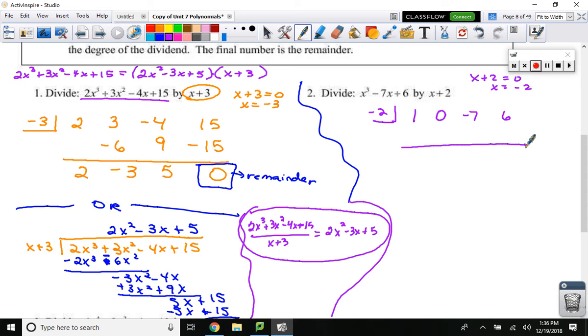Now what's the first thing I need to do? There's nothing below the line, right? You have to add, so either drop the one down or think of it as adding a zero on. And then what do I do with things that are below the line? Multiply, so -2. And then I add. And then I multiply, and then I add. And then I multiply, and then I add.